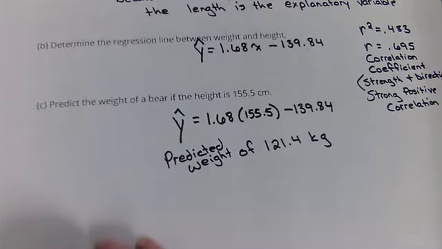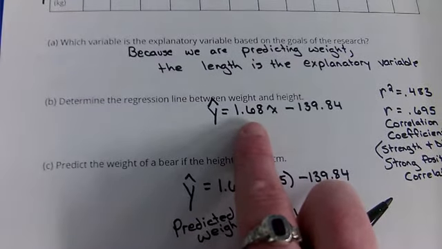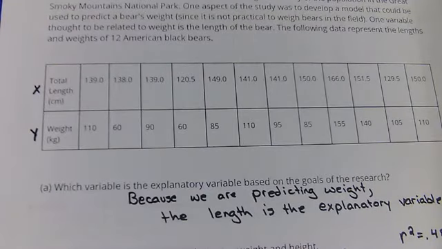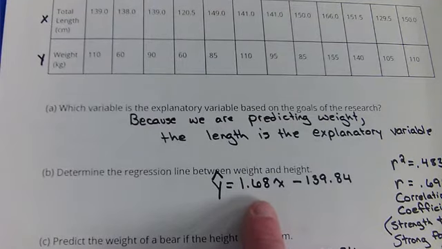Now, just to review, interpreting the slope, this would mean for each increase in length, the weight is increasing by 1.68 kilograms. Now, what would the Y-intercept mean?